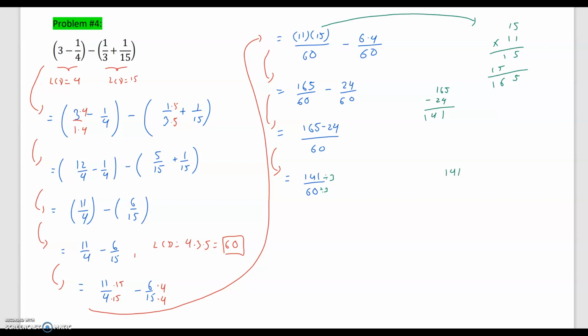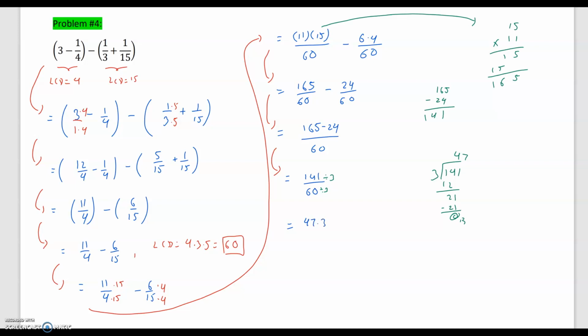So 141 divided by 3. We're looking at 4. 4 times 3 is equal to 12. And the subtraction is going to be a 1. And 7 times 3 is 21 with a remainder of 0. So on the top, we can rewrite this one as 47 times 3.